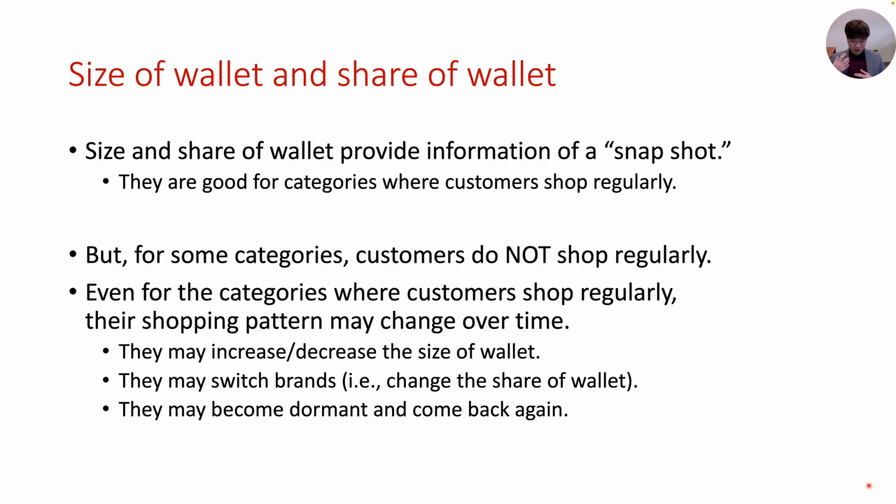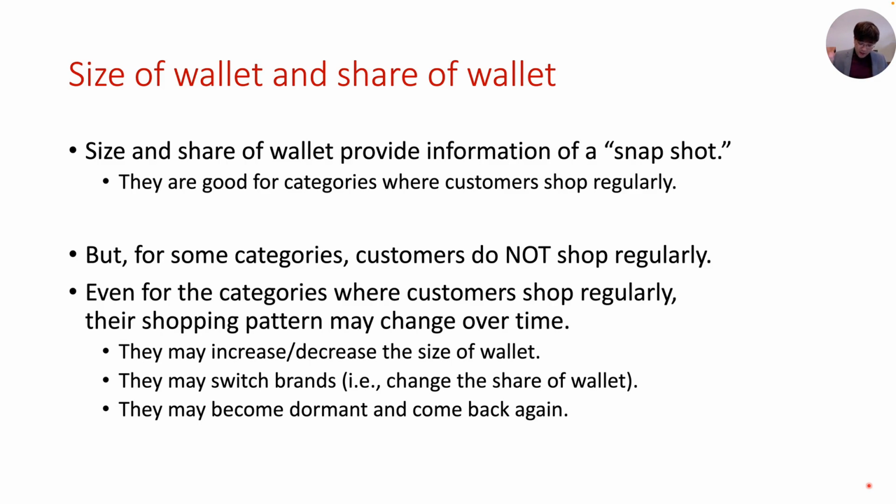Even though we know that David has spent $1,000 for his grocery shopping at Kroger, we don't know what will happen in the future. It is possible that he increases or decreases his size of wallet in the future. Also, customers may switch brands in the future, meaning that the share of wallet can be changed.